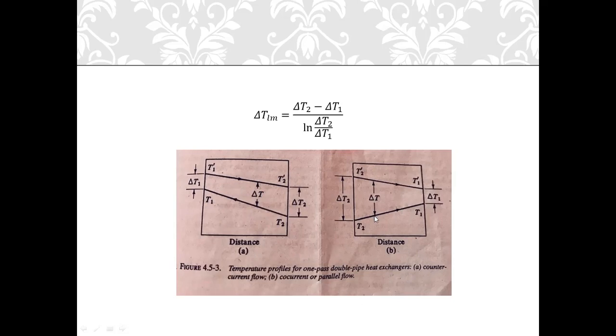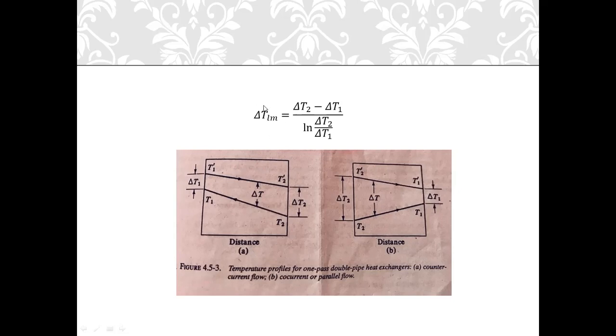To compensate for that varying delta T, the temperature difference of your fluids as they flow along the pipe length, we have to change the delta T mean, which is just a simple difference of the temperature of the fluids, to what we call the delta T log mean. The delta T log mean will now replace the delta T in the fundamental formula that we have for convective heat transfer.